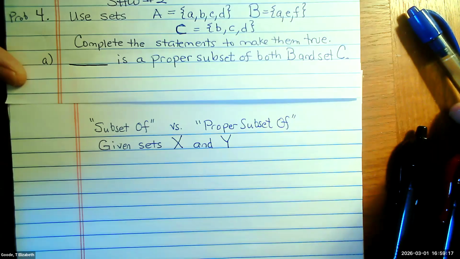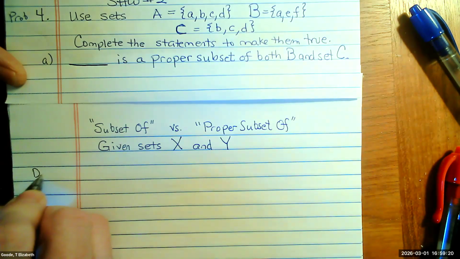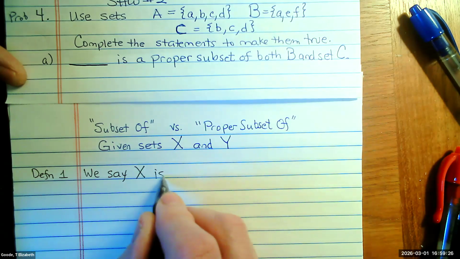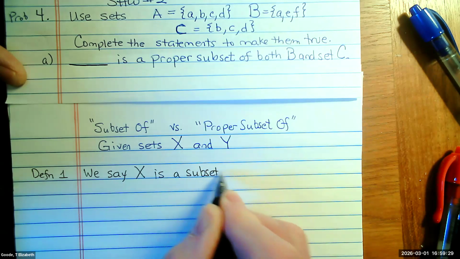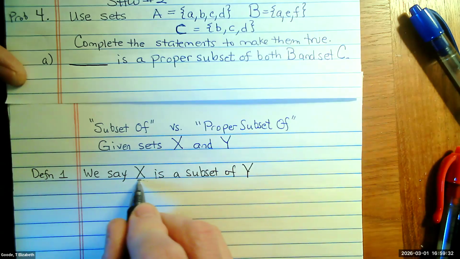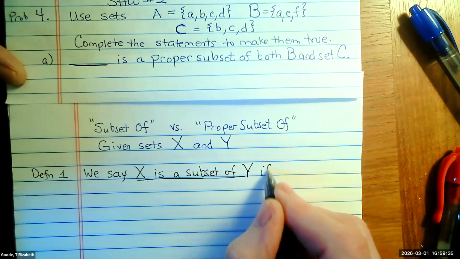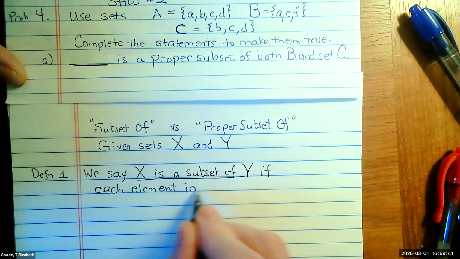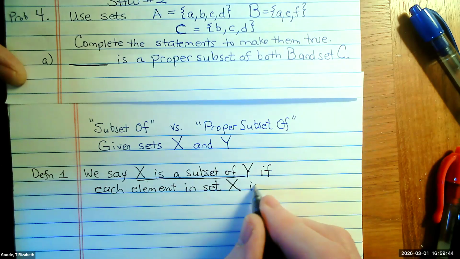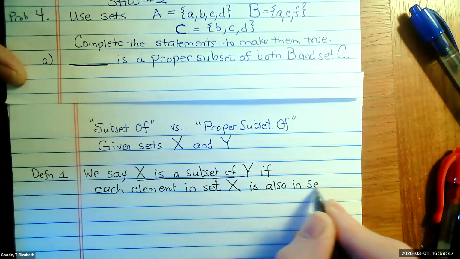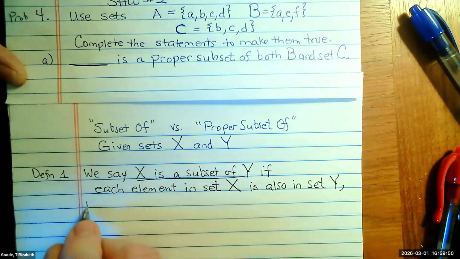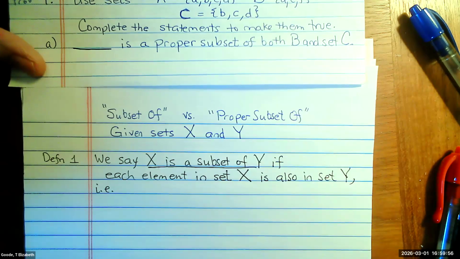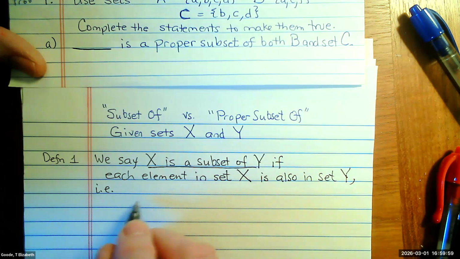definitions here. Given sets X and Y, definition 1, we say X is a subset of Y if each element in set X is also in set Y. And if we want to write that definition as an implication, it would be something like this.